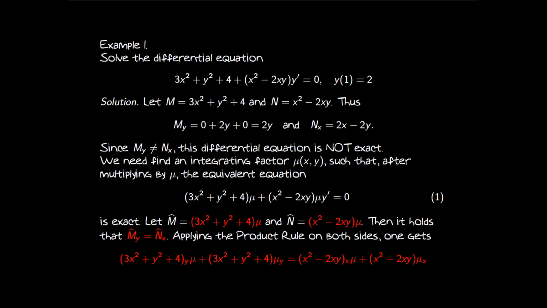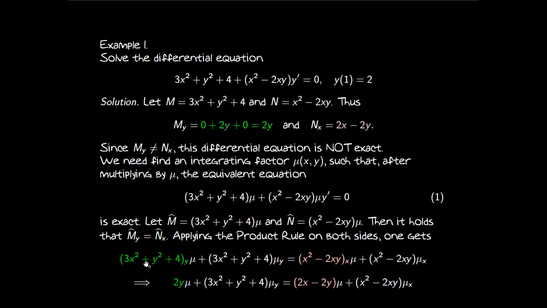Now we can use the conditions we get. We have the partial derivatives already here, right? We can plug them into the equation, and we get a condition for the mu.